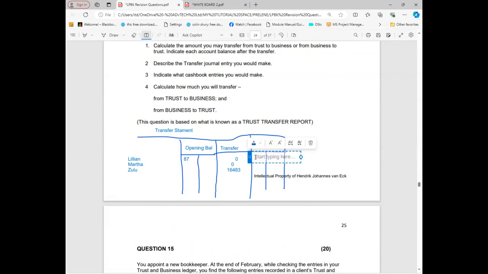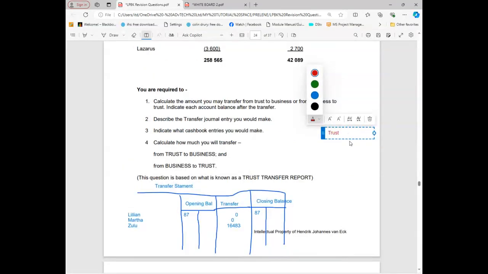I'm still going to have how much? 87. I'm just trying to improvise. I wish I had formats in advance. Let's say the other one is trust. Put it like this. This will be the trust part. I'm just giving an example of the columns that we can have. This is the trust.